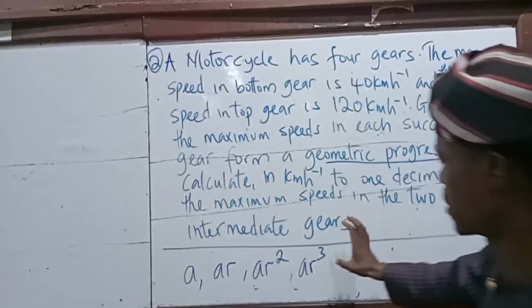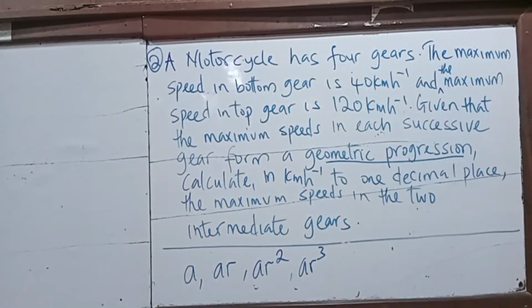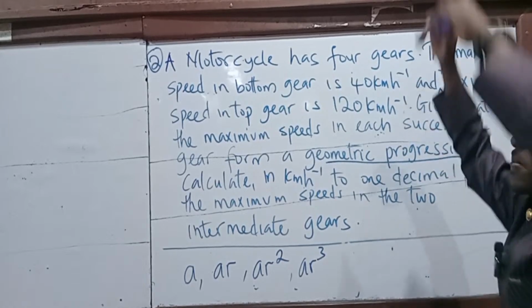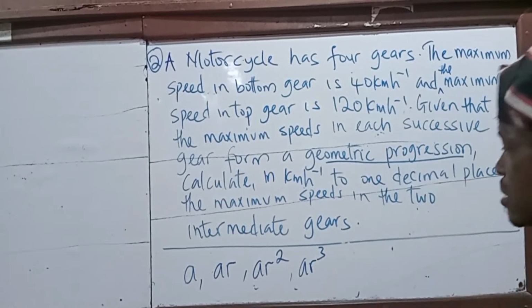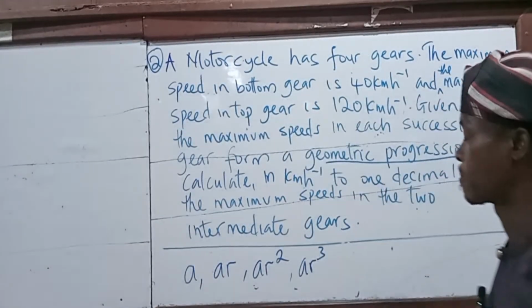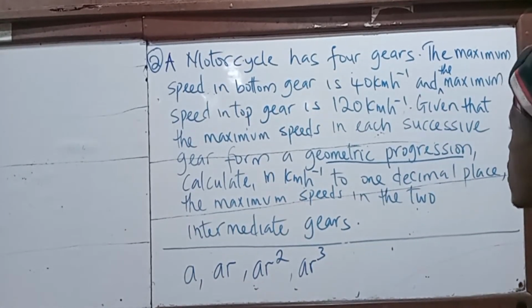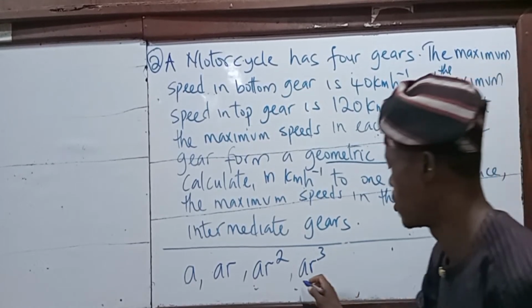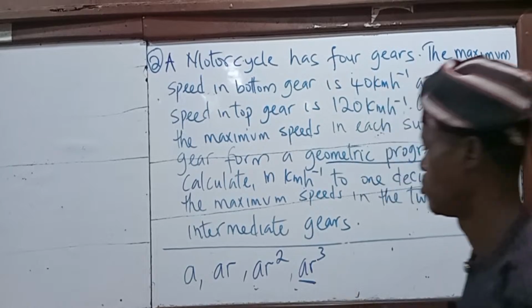So these are the maximum speeds. The maximum speed in the bottom gear is your first term, that's A. The maximum speed in the top gear will be AR cubed.